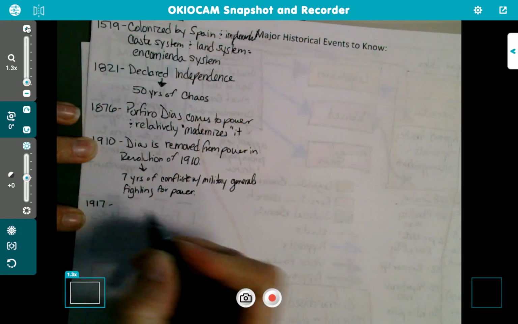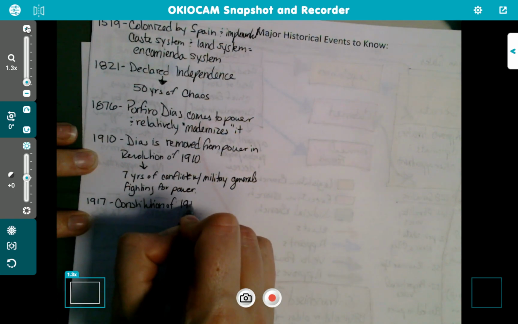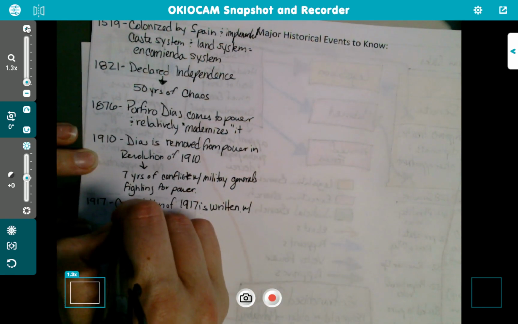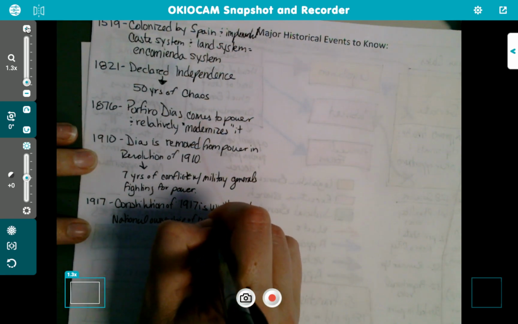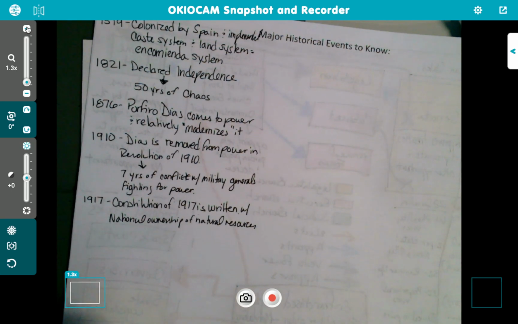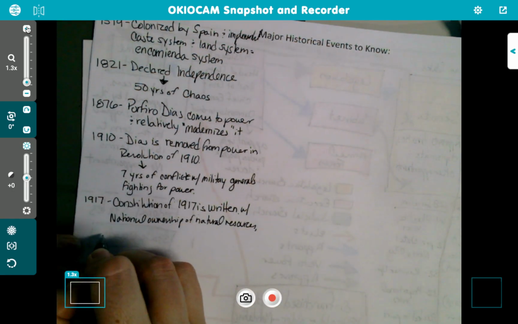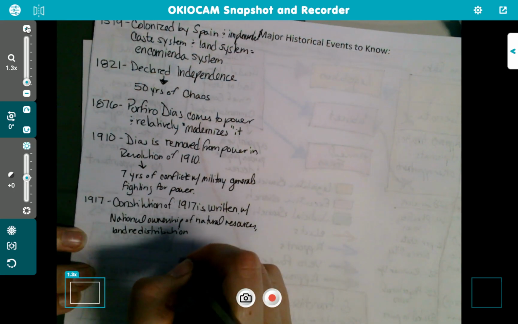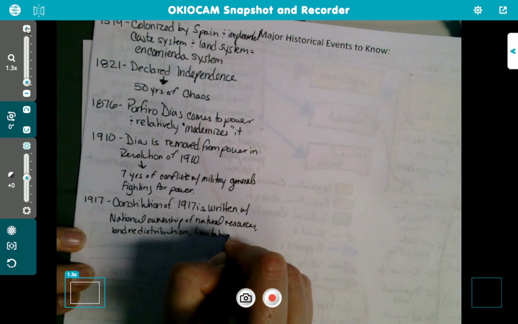1917. Constitution of 1917 is written with national ownership of natural resources, land redistribution, and limitations on the Catholic Church.